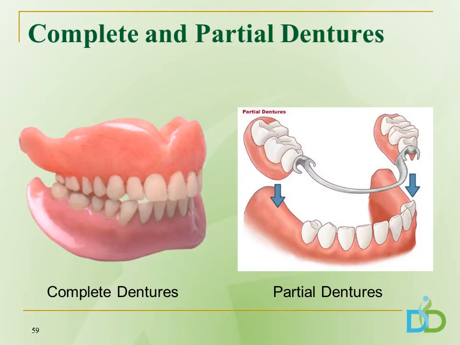The picture on the left shows a complete upper and a complete lower denture. A complete denture replaces all the teeth in the upper or lower or both arches. The picture on the right shows a lower partial denture. A partial denture may be designed to replace some missing teeth in most places in the mouth. It may be on the top or bottom jaws or both.